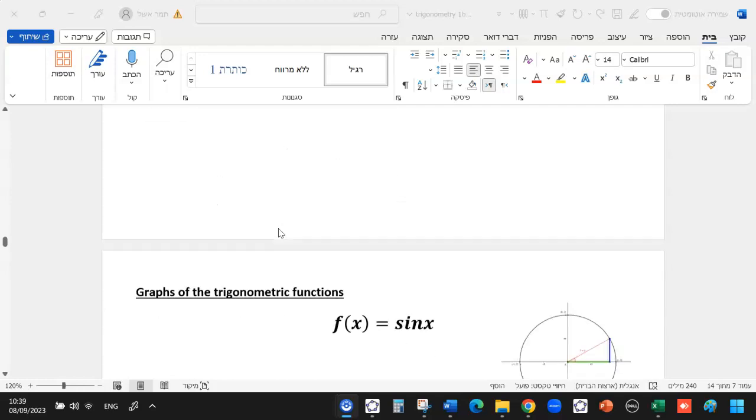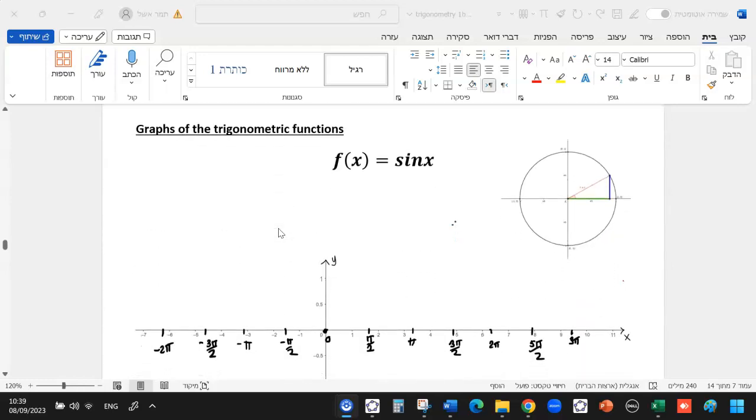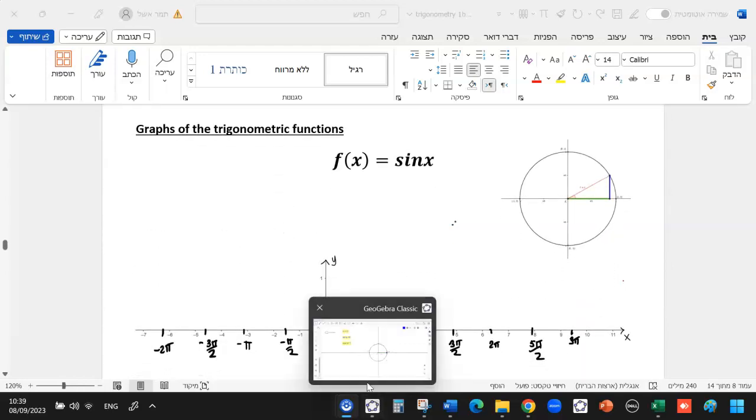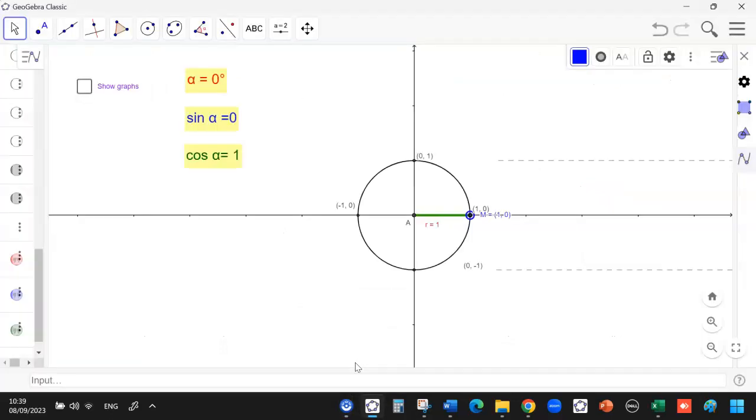Before we look at the graphs and try to sketch them, let's look at the unit circle here in this GeoGebra file. When the value alpha is 0, sine is 0, that's the y-coordinate, and cosine is 1, that's the x-coordinate. And when we change alpha, look what happens to sine and cosine.